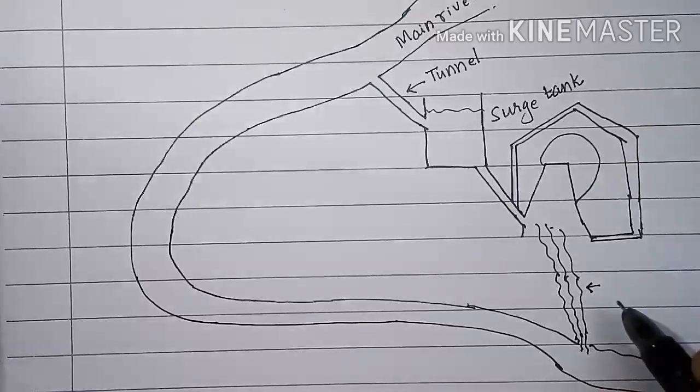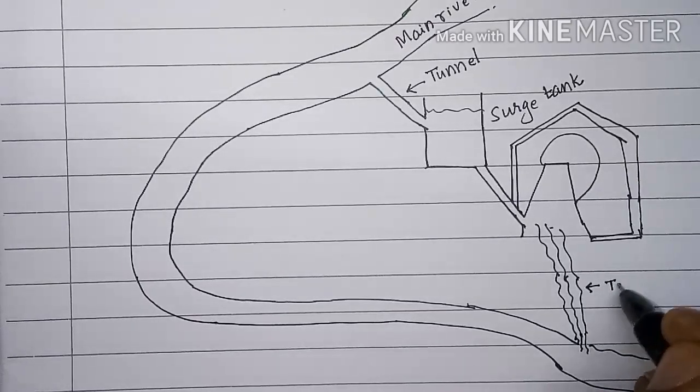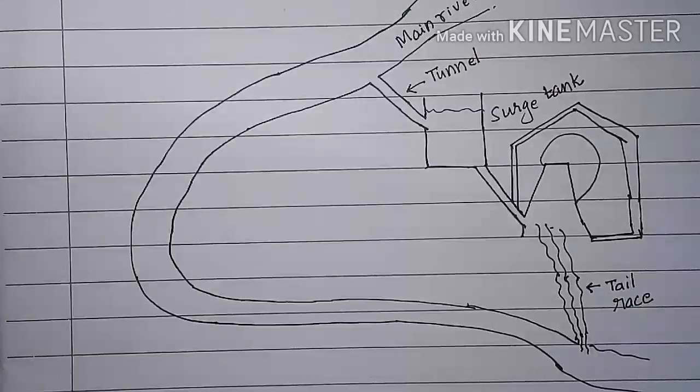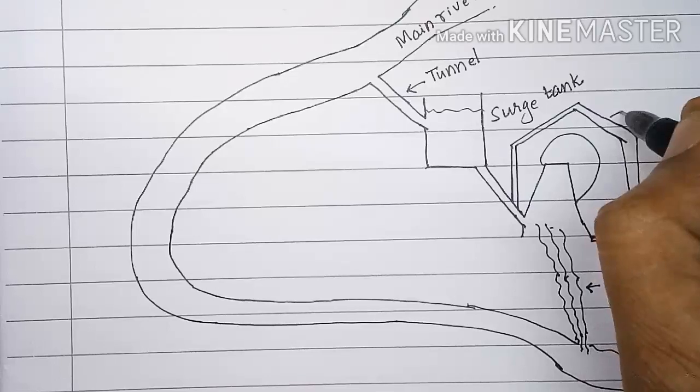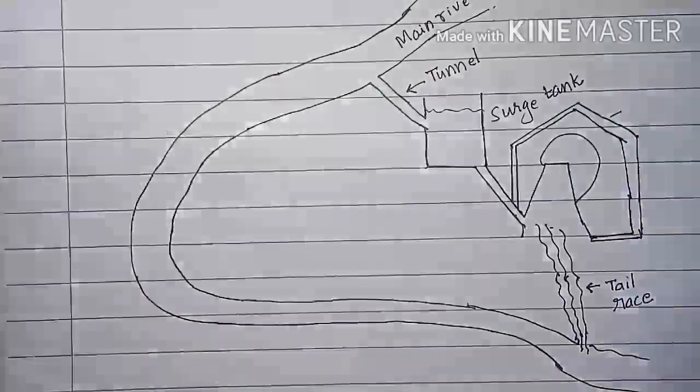The water that comes out of turbine is called as tail race. Here is powerhouse.